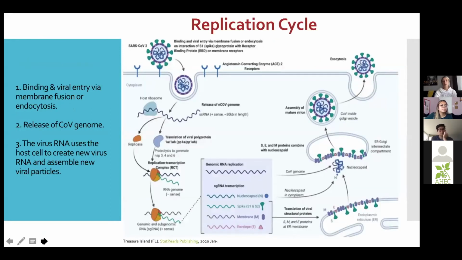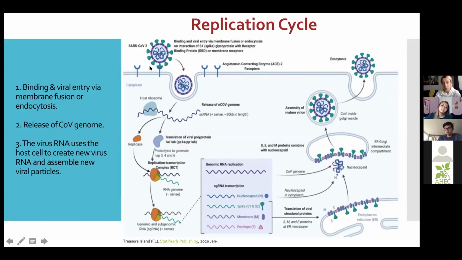Next slide, I want to talk about the replication cycle. We're going to touch a little bit on biology here. So what's happening? First, when a human being inhales droplets with the coronavirus, SARS-CoV-2, there is the first step, binding and viral entry, with membrane fusion or endocytosis.